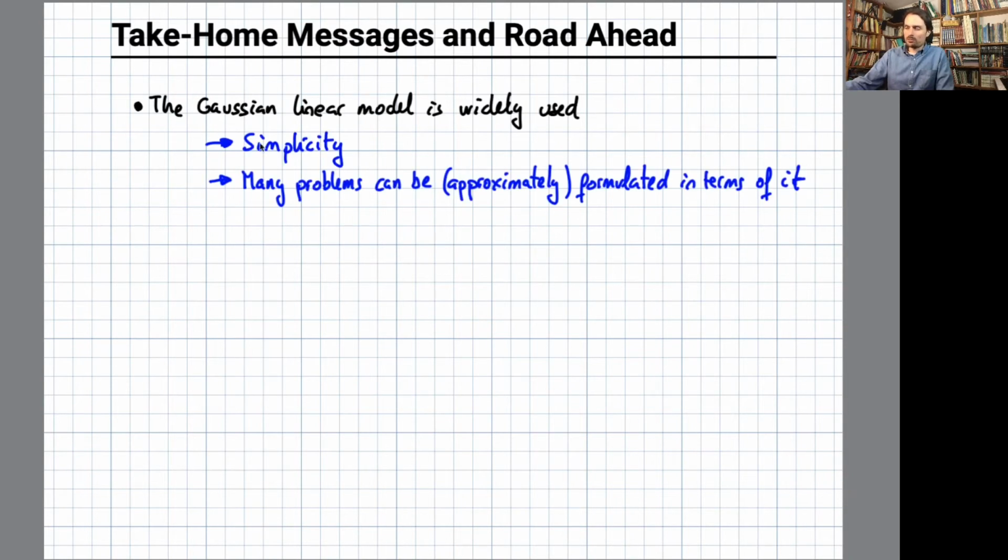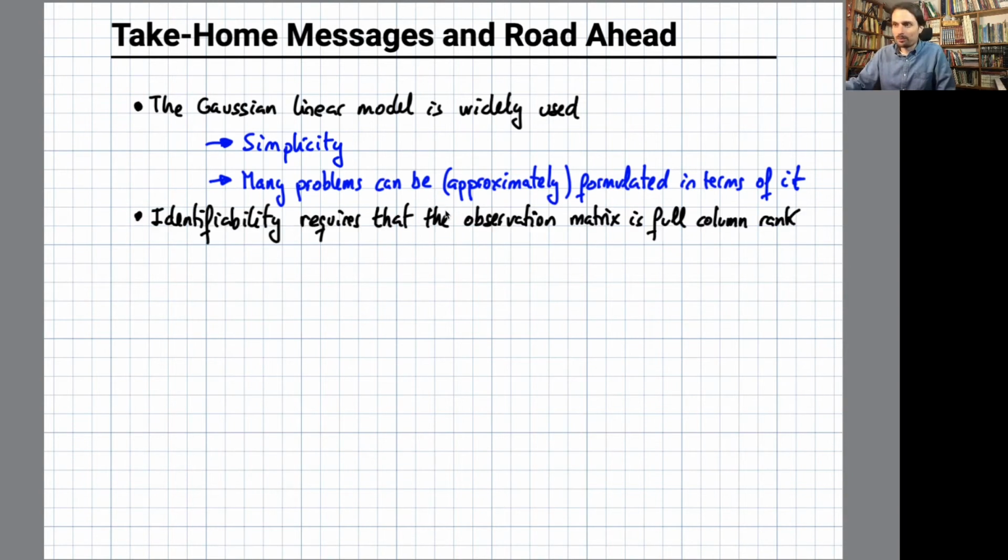One of the main benefits is the simplicity and the fact that we now know the expression for the MVU estimator. Another benefit is the generality. It arises in many applications, either exactly or approximately.